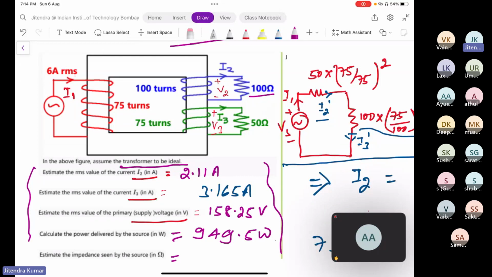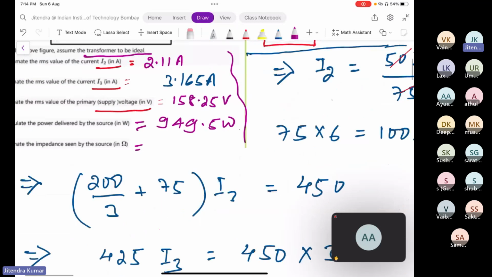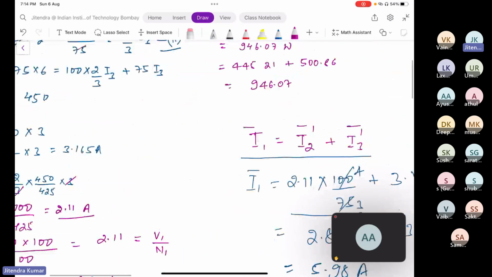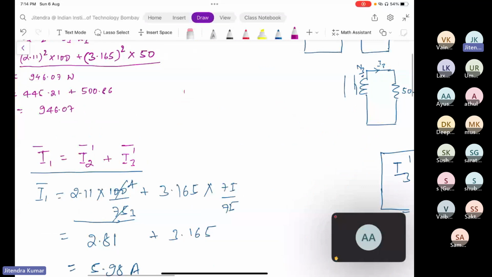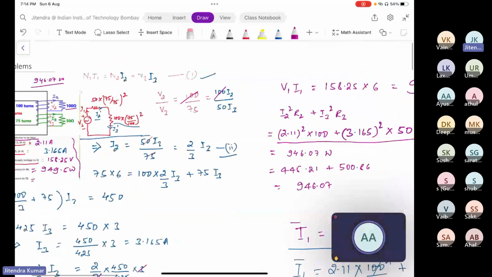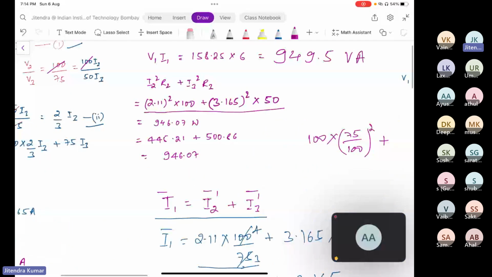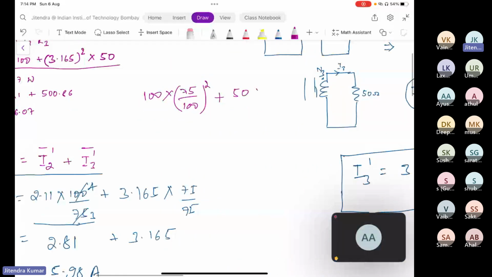With the 100 ohm, when we refer, it is 100 into 75 by 100 square, plus this 50 into 75 by 75.